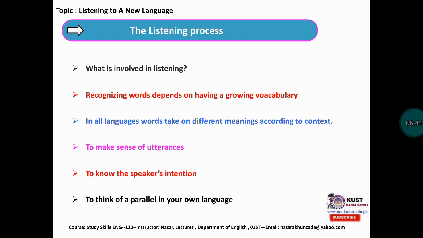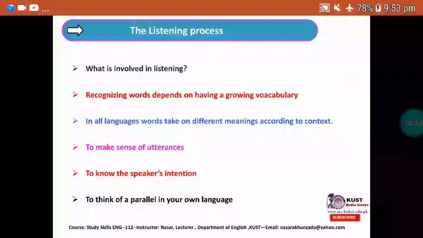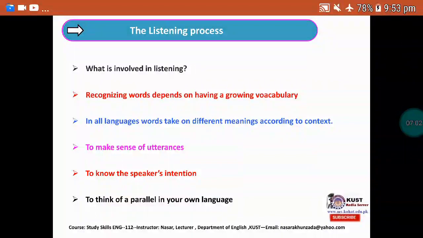To think of a parallel in your own language: when you get off the phone to a friend and someone immediately asks, what did he have to say?